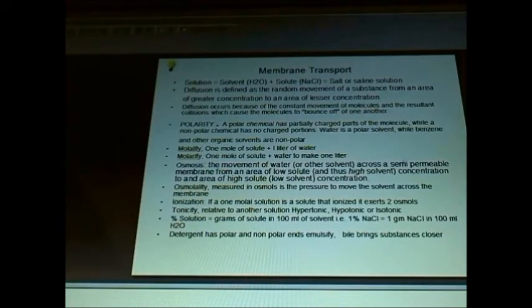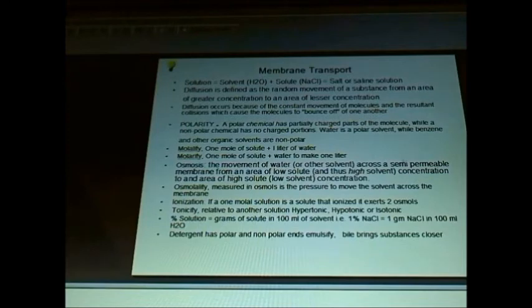Don't make it any harder than it is. That's a 5% solution. Normal saline is 0.9% sodium chloride. That's what a normal saline is if we hung it on a patient. That means there's 0.9 grams of sodium chloride in 100 milliliters of water.